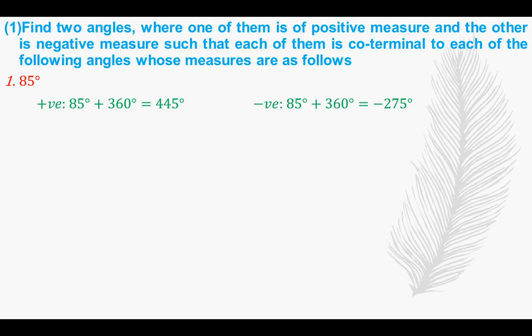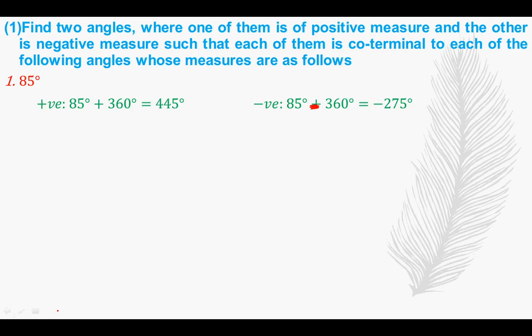So the result will be 85 plus 360, which equals 445. To find a negative measure, we subtract 360 from 85. So 85 minus 360 equals negative 275.